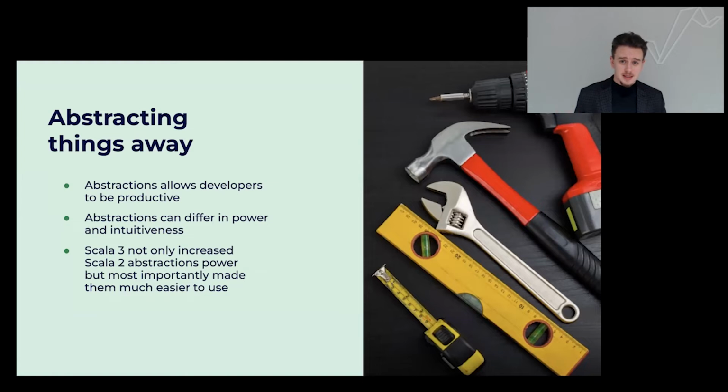So here is exactly the same story as with the type system. Scala 3 took the already powerful abstractions from Scala 2 and made them much more intuitive and easier to use, and that means easier to maintain, and the costs for maintainers are smaller.